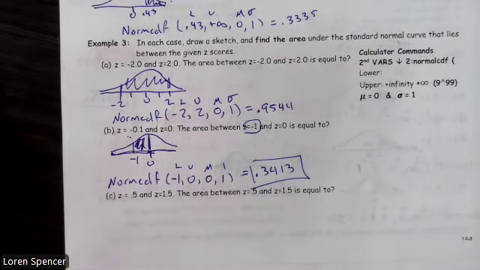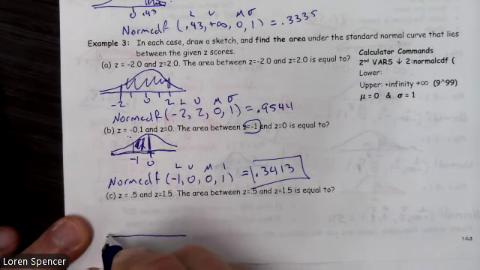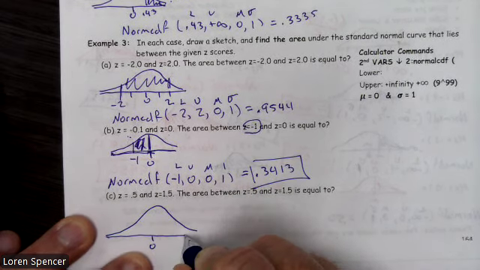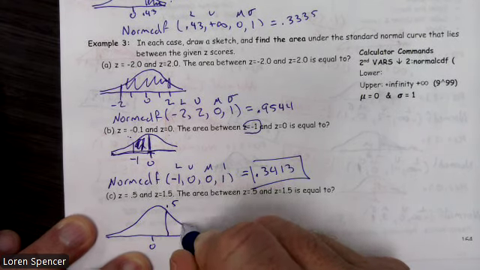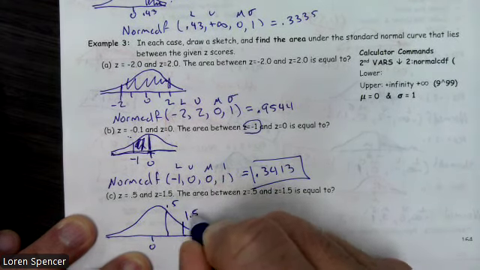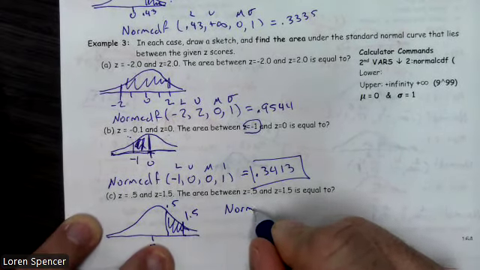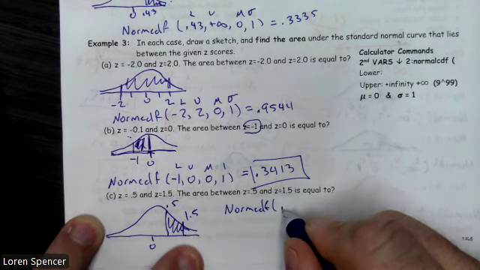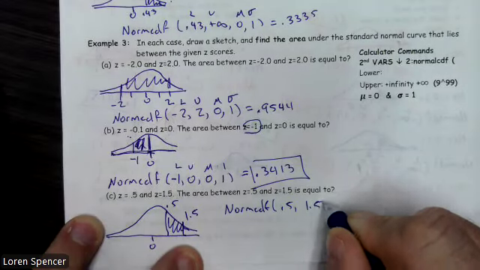All right, Z is 0.5 and 1.5. 0.5 is somewhere here, and we're also going to go to 1.5. So we're looking for this area. This is going to be a norm CDF, lower bound 0.5, upper bound 1.5.